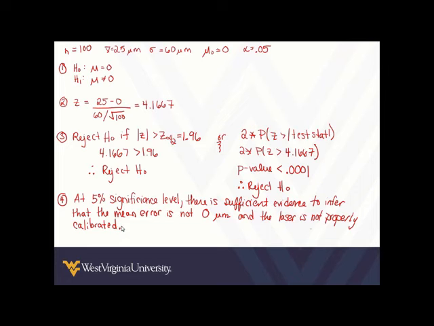Now, even looking at our results, this should have actually been a pretty logical conclusion given that we had a sample mean of 25 μm, and the goal was to be at 0 μm, and our standard deviation was 60. So that gave us a pretty good indication that we had some problems. But now we have it proven to be true.